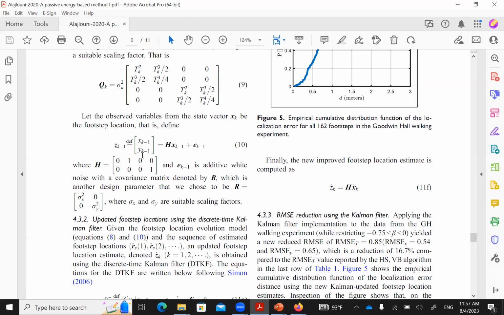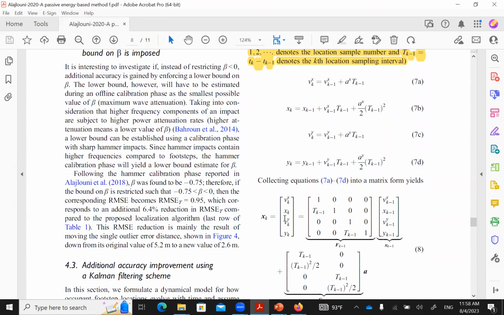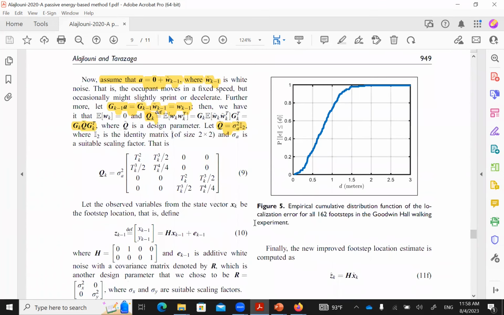But what my measurement system is giving me is just location, the x and y coordinates. So x and y coordinates are nothing but the second and the last elements in the state vector here. In order to extract them, we just come up with this h. Notice that h here is time invariant.